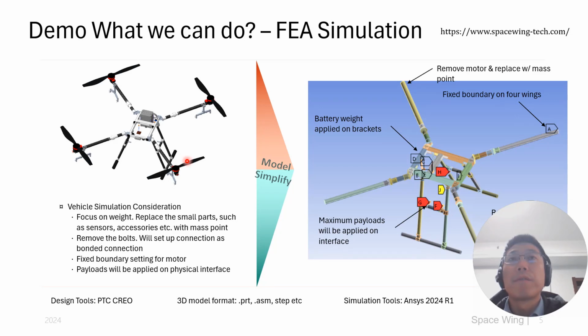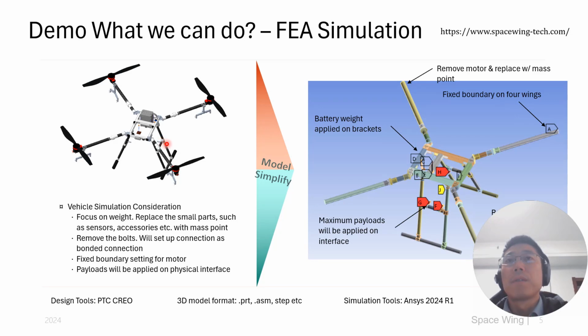Regarding the finite element analysis simulation, here is the 3D model for the design. This is only for the prototypes. We have the frames, the sensors and all accessories, and the interface to mount the payloads.